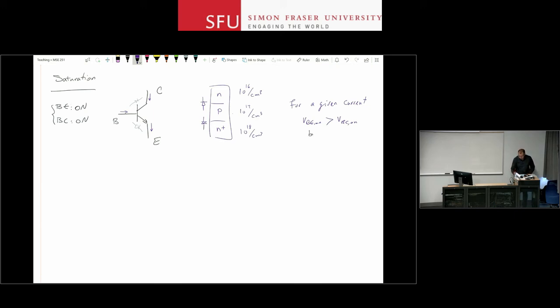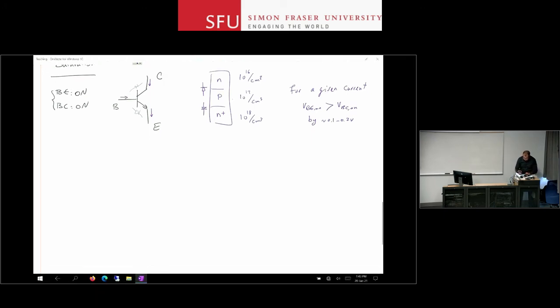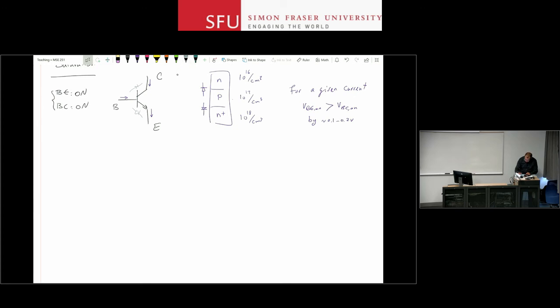Typically by about 0.1 to 0.2 volts, right? So if VBC on is 0.6 volts, VBE on will be around 0.7, maybe 0.8 volts, right? Now, what is the implication or what is the end result when it happens? I'm going to make a larger drawing of that diode, so let me just go here.